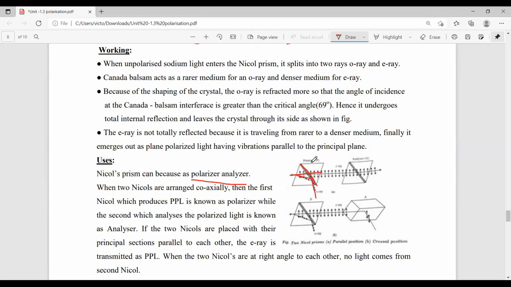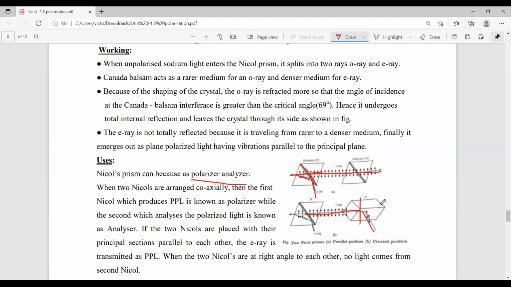When another Nicol prism is placed in a parallel position, then the E ray passes through this material. Whenever the Nicol prism is placed in a perpendicular position, the E ray cannot pass through this crystal, because it completely depends on the direction. This is the direction of the E ray, but here the crystal is placed in a perpendicular manner, so the E ray cannot pass through.